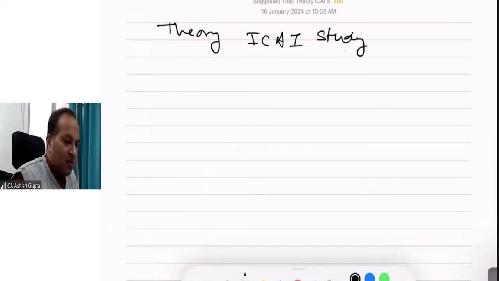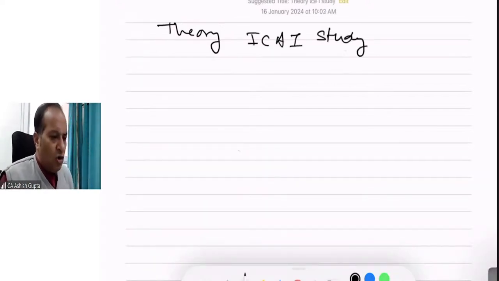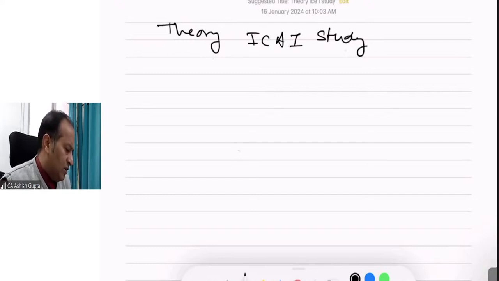I came to know some coaching people circulate short notes, etc. Please avoid these because they are very brief and not up to the mark. You should read theory on your own and note down your key points on your own. At the end of the session, I will precisely summarize what you can do in this regard. Another point is the RTPs.